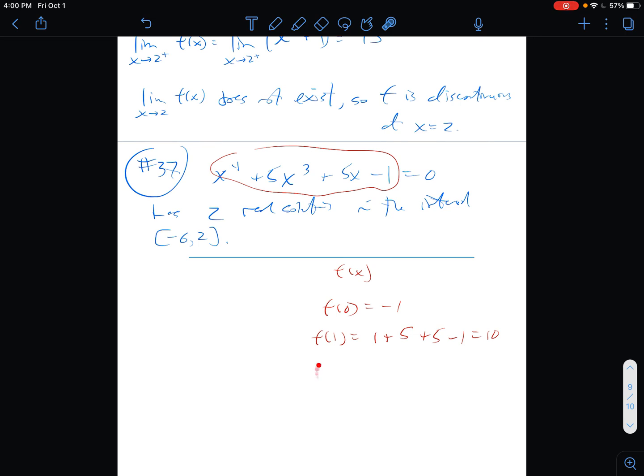Let's see if I plug in a negative. F of -1 would be 1 minus 5 plus 5 minus 1 is equal to 0. That's not helpful. Let's try f of -2.